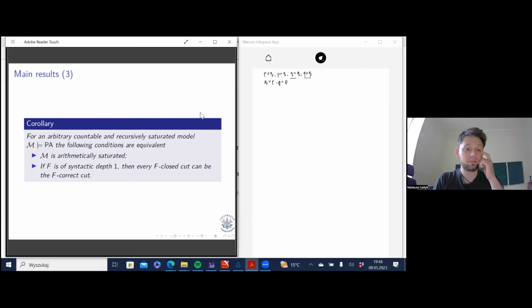So I would like to finish the exposition of the results here and proceed to sketches of proofs to show how these properties, separability and no least F gap, enter the picture. But maybe you have some questions before it. Or maybe Arthur would like to add something to this.